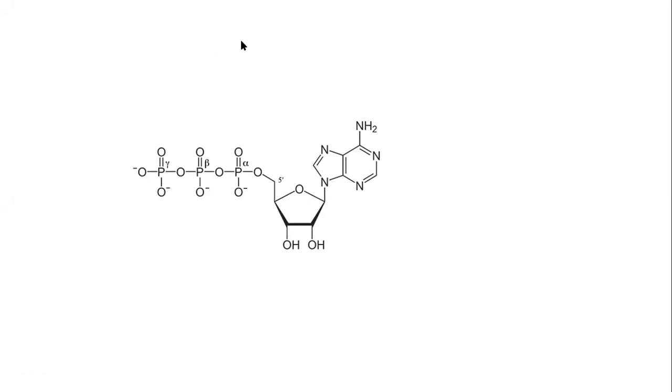Say, for example, if we have DNA anti-parallel like this, this is the 5 prime end and, anti-parallel, this will be your 3 prime end.